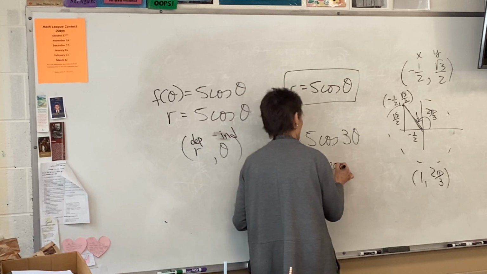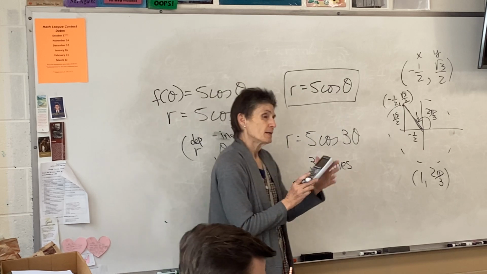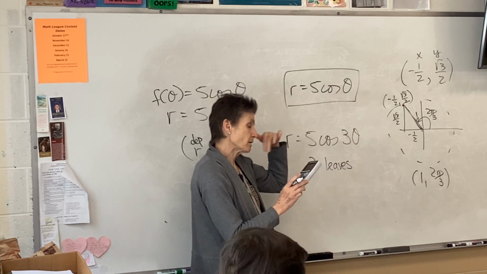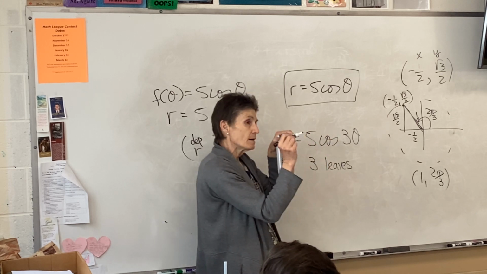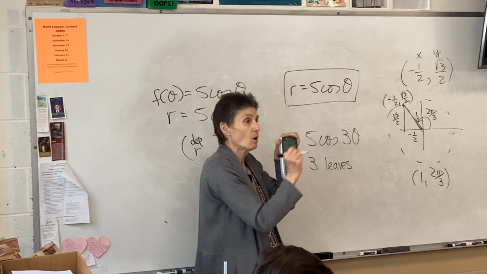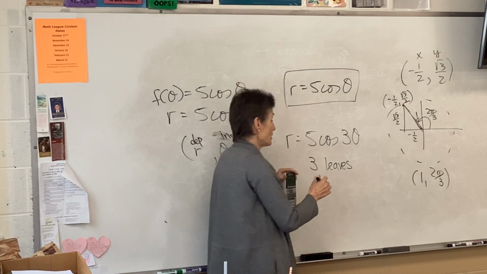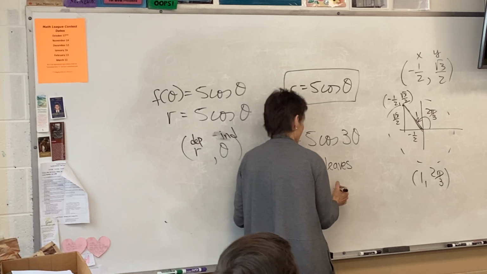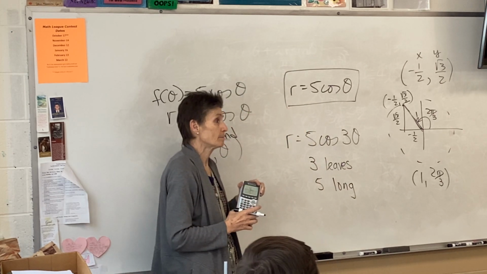Now, it's hard to tell on the diagonal ones, but on the petal that's on the x-axis, if your scale is set at 1, you can count hash marks. How long is that? 5? So there are 3 of them, and they're 5 long.